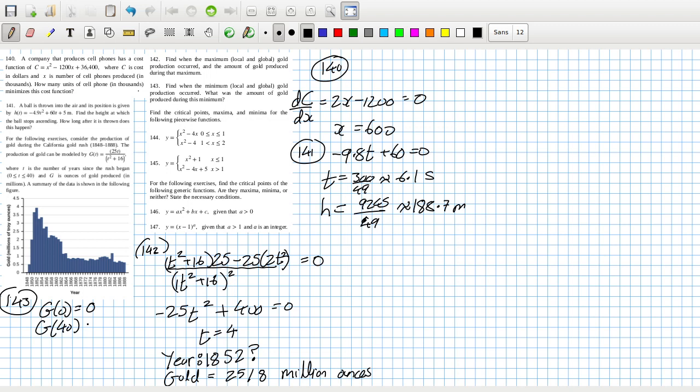But that's not 0. So global min in 1848 of 0 ounces. But I don't think there's any local min.